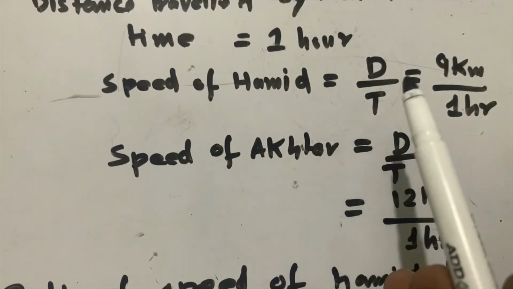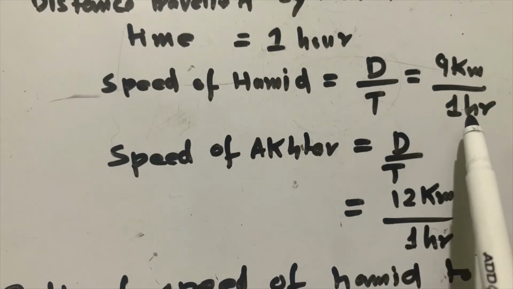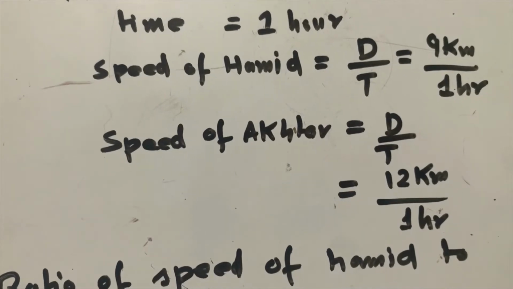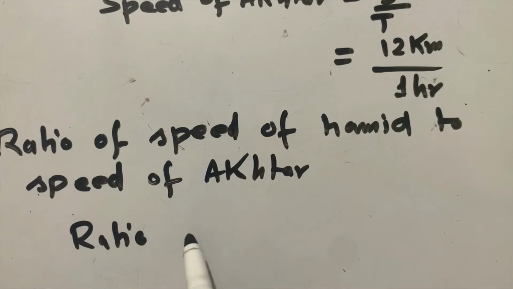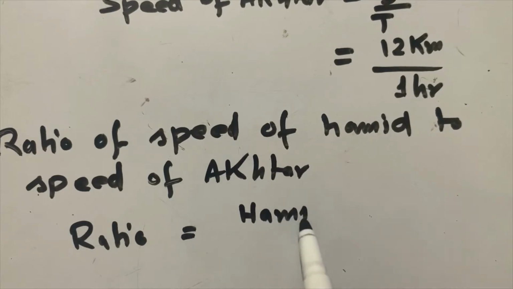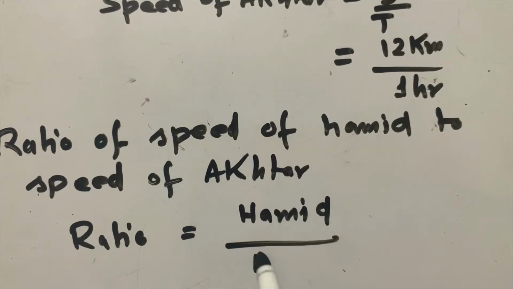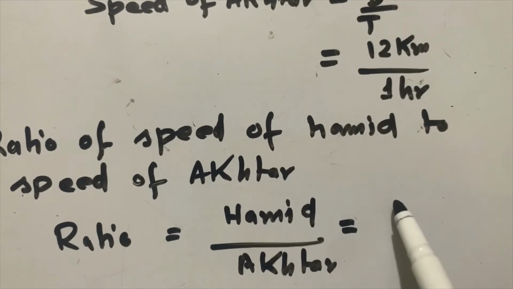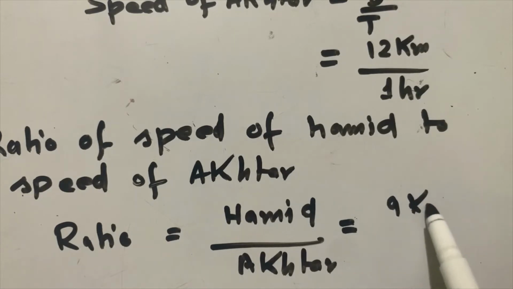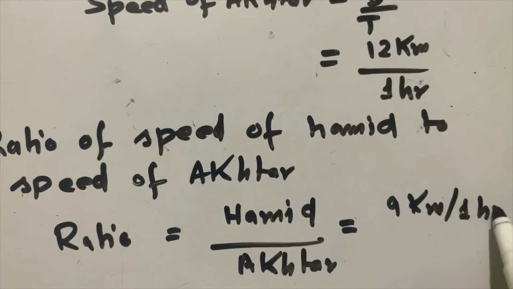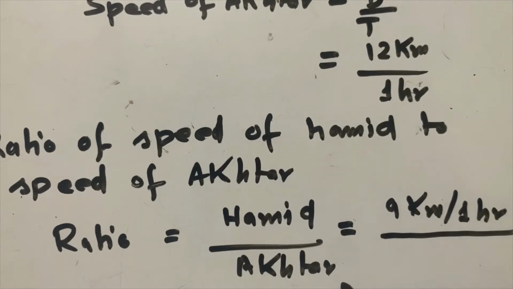Now speed of Hamid 9 km divided by 1. हामिद की स्पीड कितनी है? वी हैव गॉट 9 किलोमीटर divided by 1 hour given, and speed of Akhtar is equal to 12 kilometer per hour.